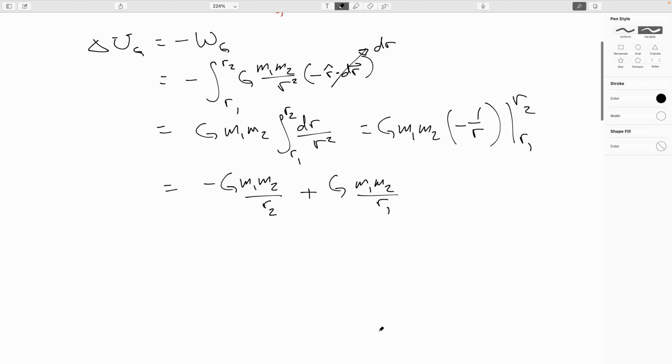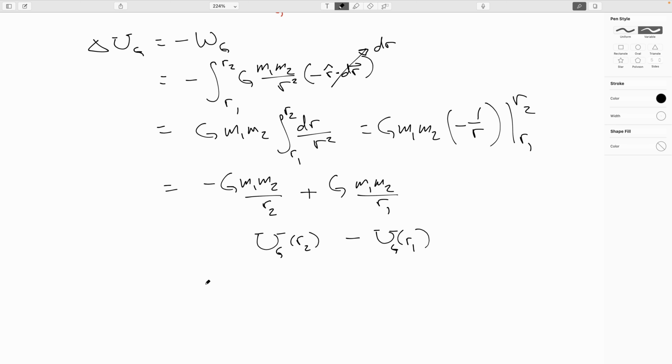Now, this has to end up being the gravitational potential energy at r2 minus the gravitational potential energy at r1. Well, that will work if I remember that plus is the same thing as minus a minus.